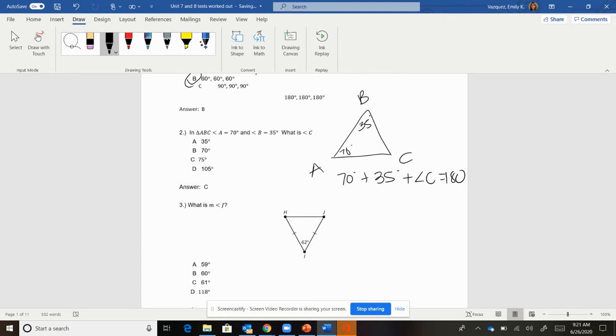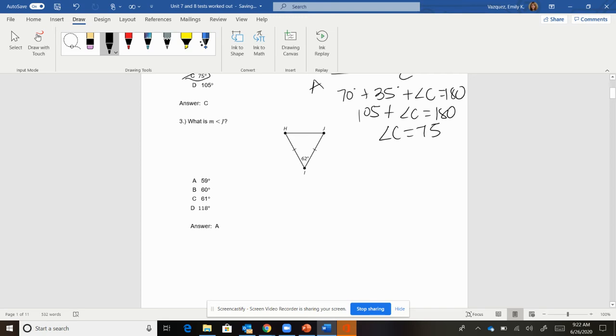So now I'm just going to go ahead and add my 70 plus 35, which is going to give me 105. And then I'm going to subtract that from both sides. So 180 minus 105 is going to give me 75. So C was the correct answer for this question.